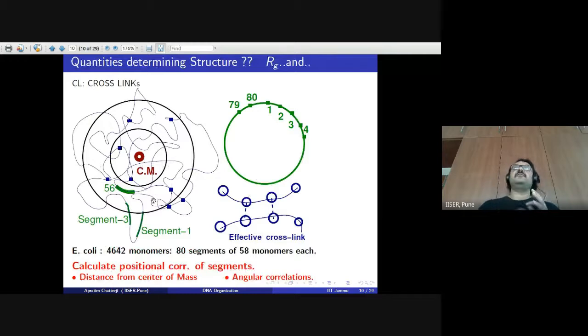If, starting from very different initial conditions, because of the presence of crosslinks, they always find some segments always at the center and some particular segments always at the outer, then we would say, well, these crosslinks are helping the polymer to organize themselves, right?